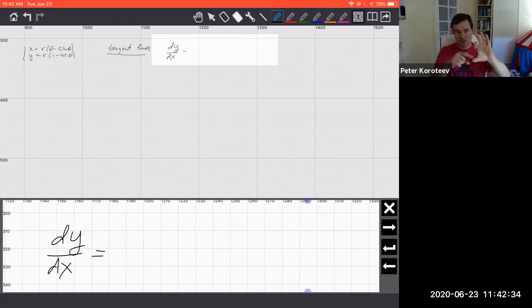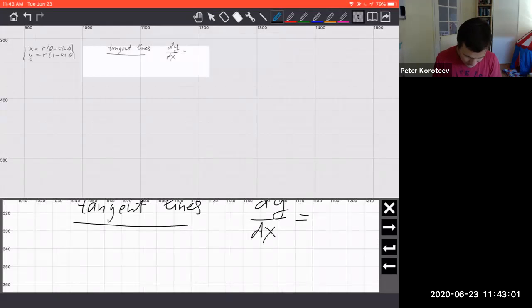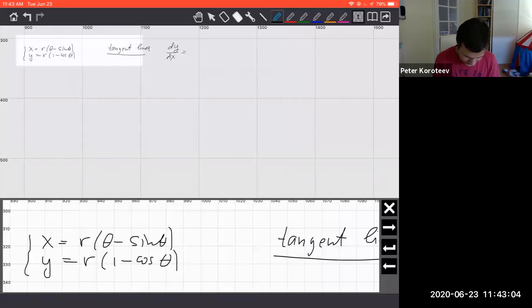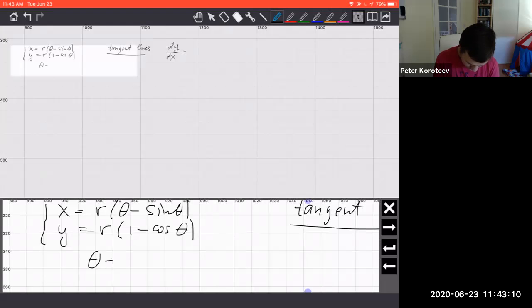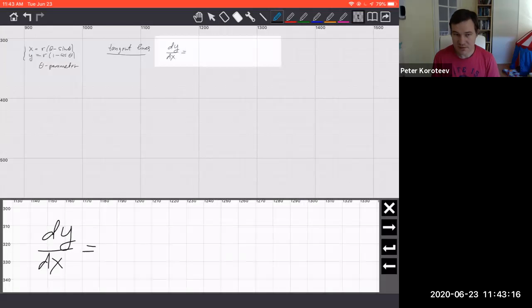Because the wheel does not slide, the speed of the car translates directly into how fast the wheel is rotating around its axis. Therefore, we can think of theta as the parameter that counts time. As theta changes, time goes. So the role of parameter t here will be played by theta. These two equations parameterize the curve as a function of theta, so theta is the parameter.